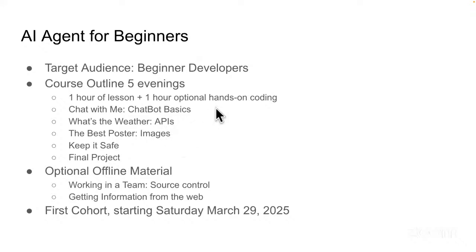During this course, we are going to create an AI agent together. As the outline says, we're going to set it up, and then we have a basic chatbot, and then we add more capabilities to this AI agent through adding more APIs: text-based APIs, data APIs, image APIs.